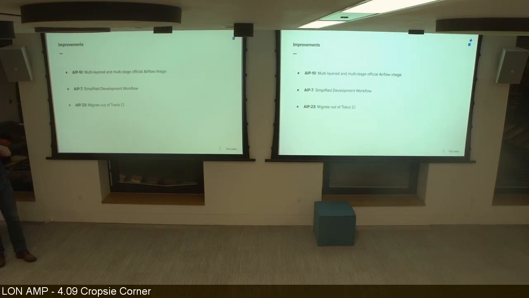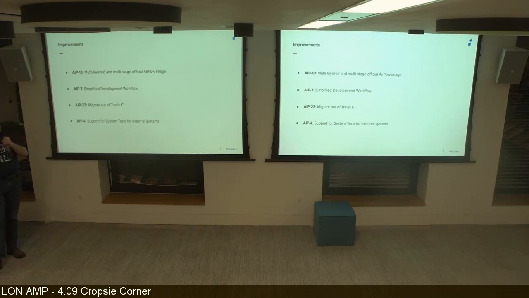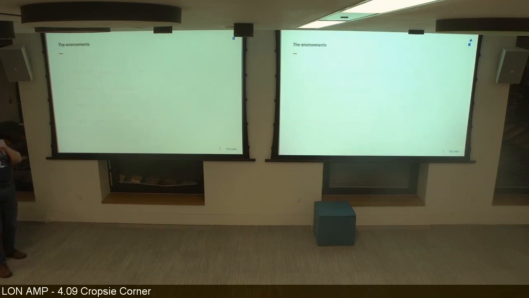I'm working right now on migration out of Travis CI to make our life easier and not to wait 6 hours for builds. And in the future, there will be support for system testing for external systems. The first two are implemented. The third one is being worked on, and support for system tests is also something that our team is working on.